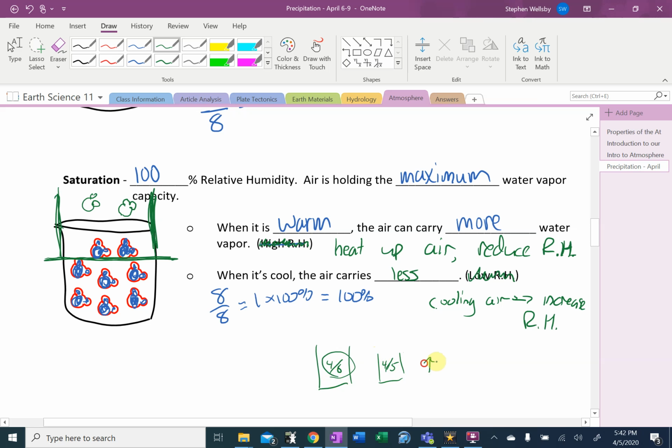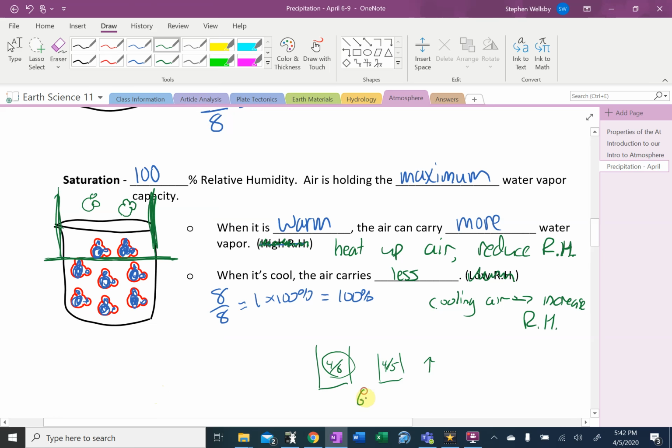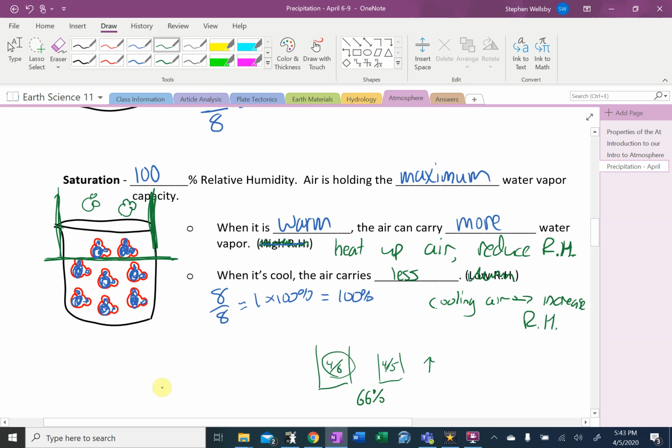So our relative humidity, our percentage, has gone up. 4 out of 6 is a relative humidity of 66%, and 4 out of 5 is a relative humidity of 80%. So by cooling the air down, we reduce this number here. It was able to hold 6, now it's only able to hold 5, and so our relative humidity is going to increase.